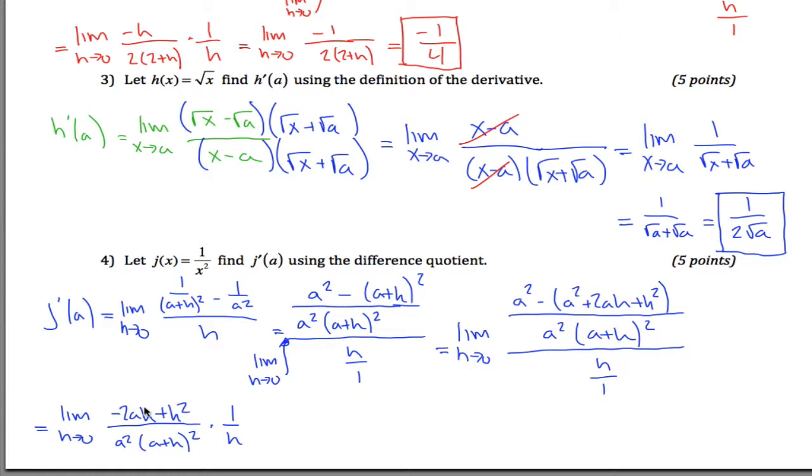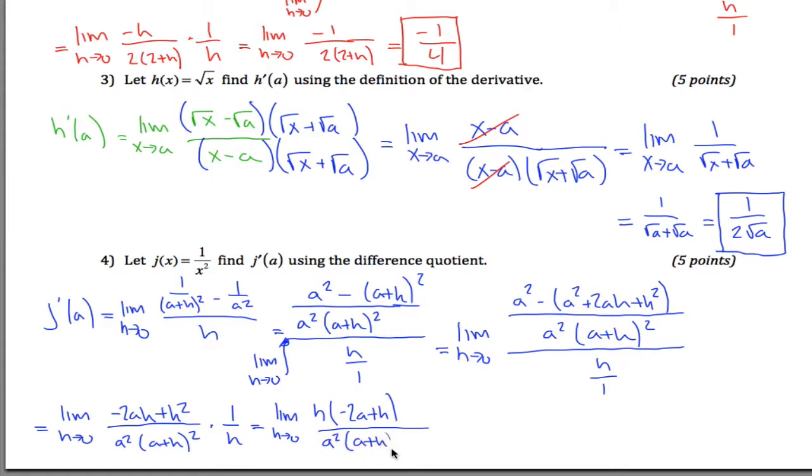And what's kind of nice is each term up in the numerator here has an h in it, so I can factor out an h. I'll show that step. I can factor out an h from the numerator, and I'm left with negative 2a plus h. Right, this is the same as this. And then in the denominator, I got a huge mess, but that's okay.